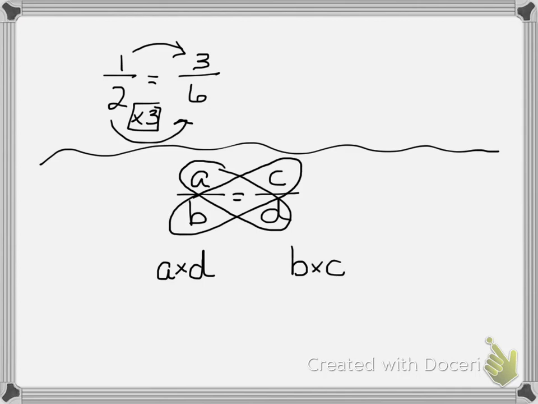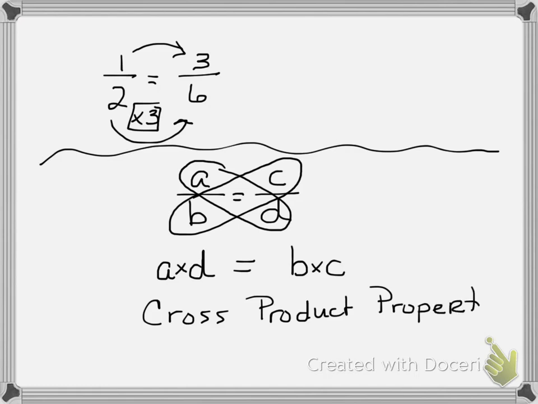After you're done multiplying, if they end up equaling the same answer, you have a proportion. It's not called crisscross multiply, although some people say that. It's called the cross product property. So basically you crisscross multiply, making sure you get the same answer, and then you can say, yes, I have a proportion.